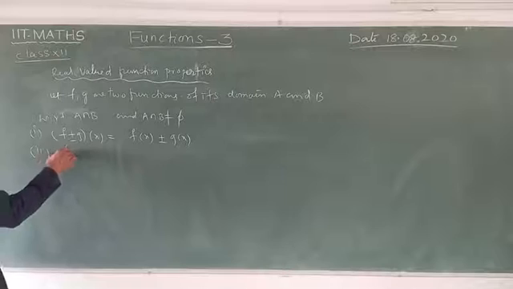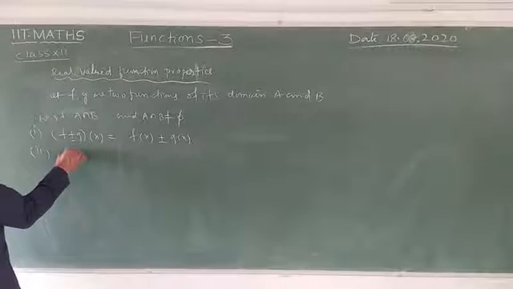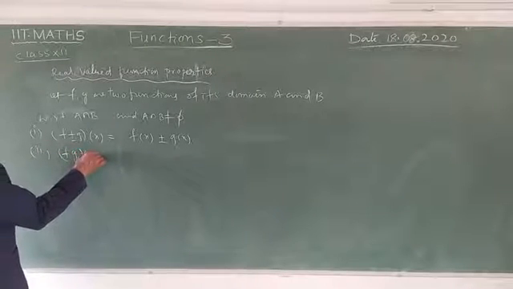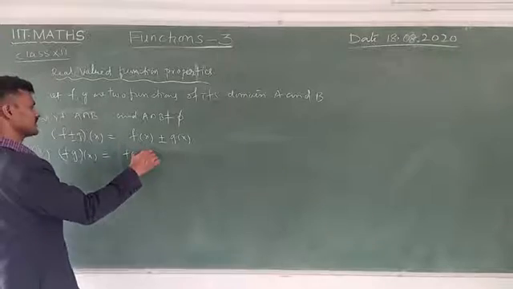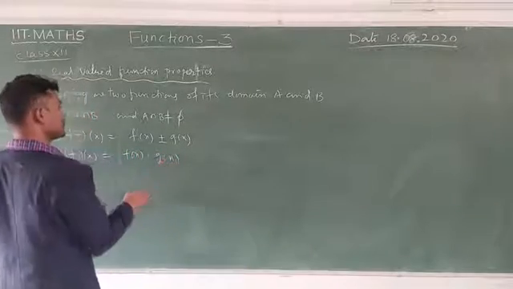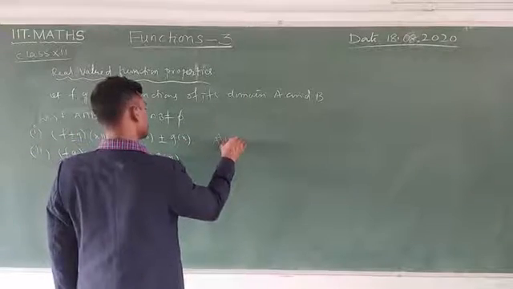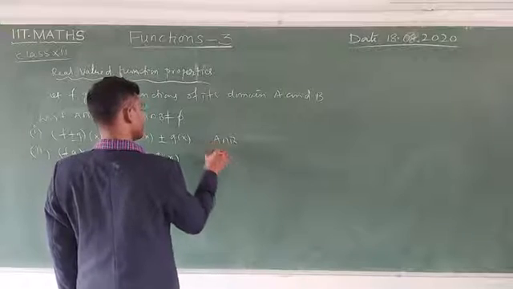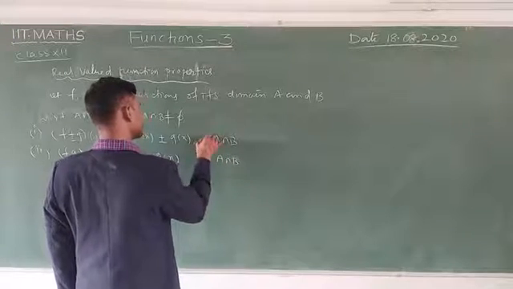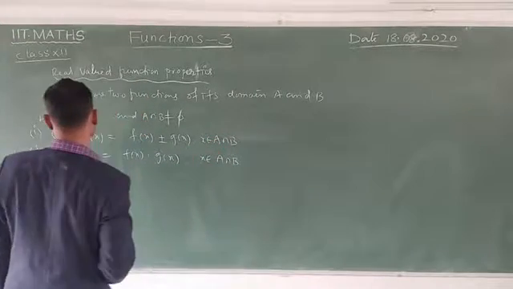Second one, f into g of x is equal to f of x into g of x, where x belongs to A intersection B, the common domain.